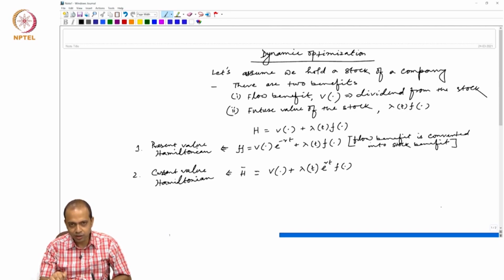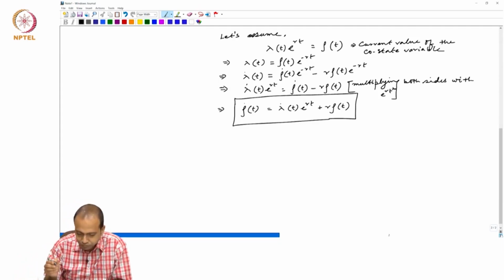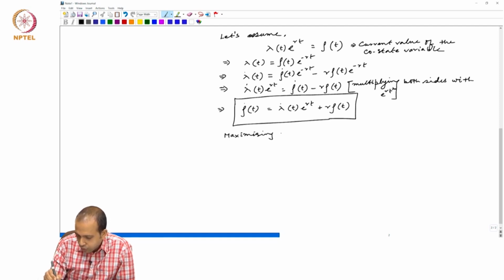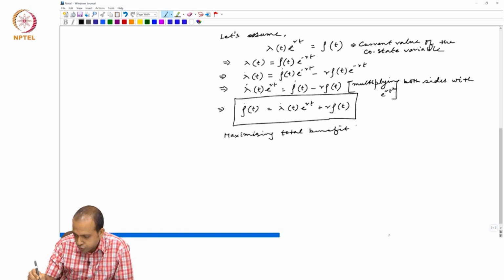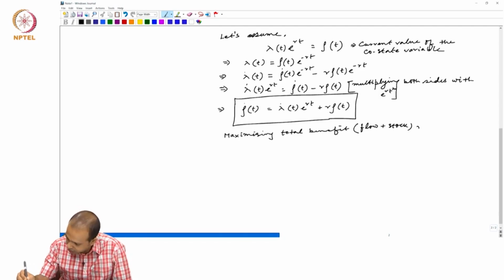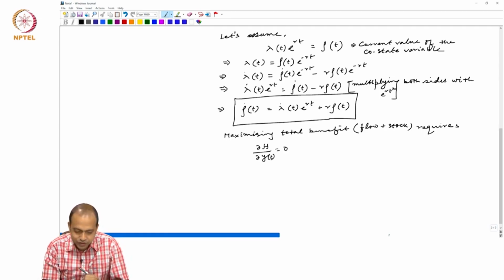If we derive, then we will get the present value Hamiltonian, and if we try to maximize the total benefit, flow plus stock, what is required is del H by del y t equals to 0, that is all.